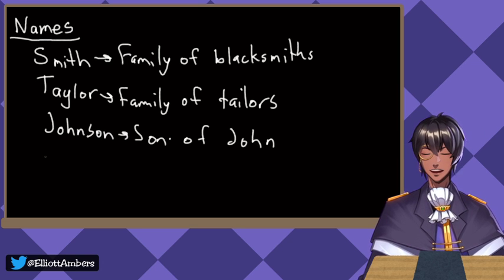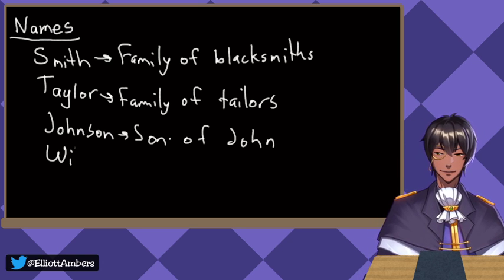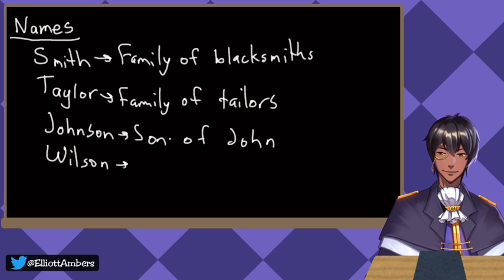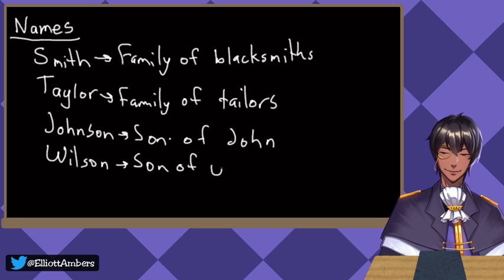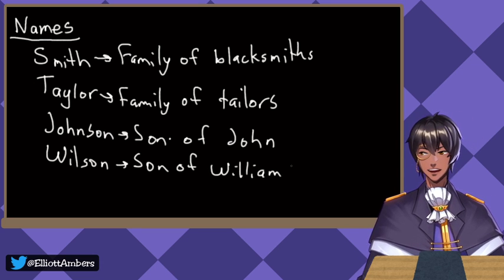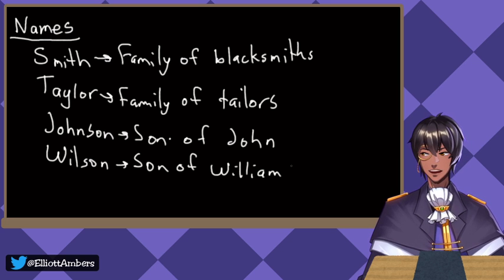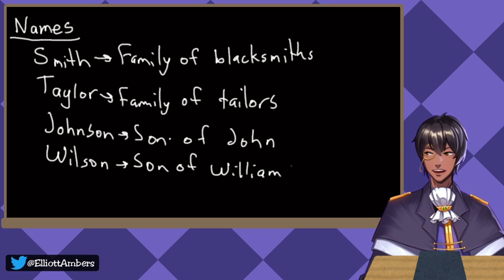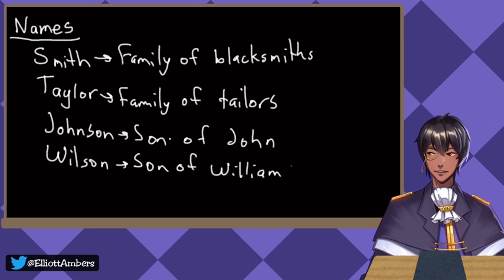Or something like Wilson, son of William. These are pretty straightforward, and even if it's not something that you think about, it's pretty easy to discern exactly where these names come from and how to read them.